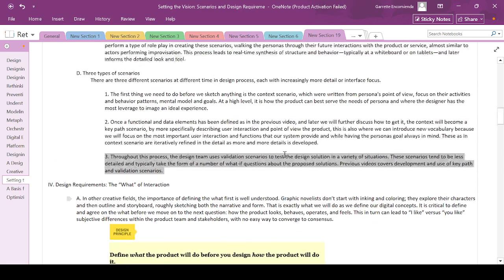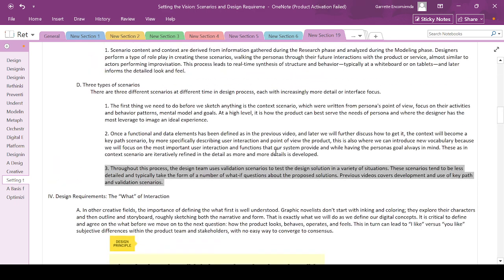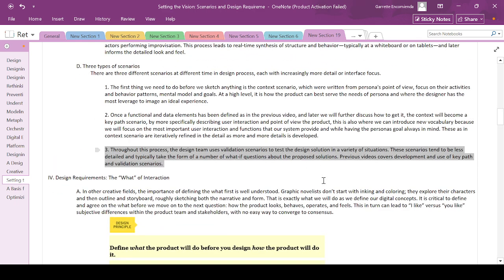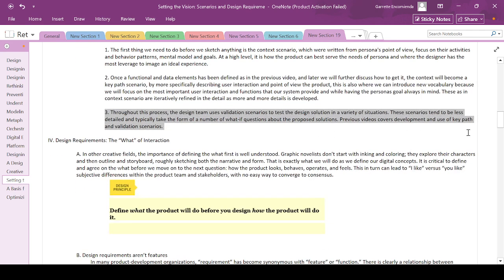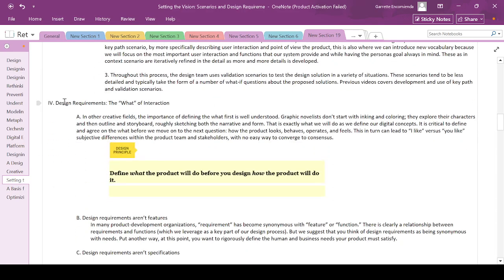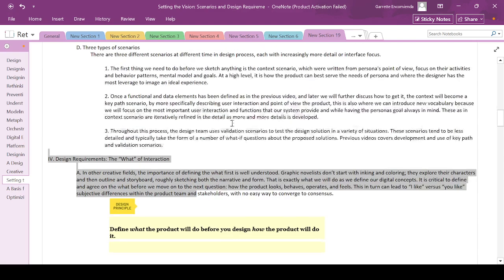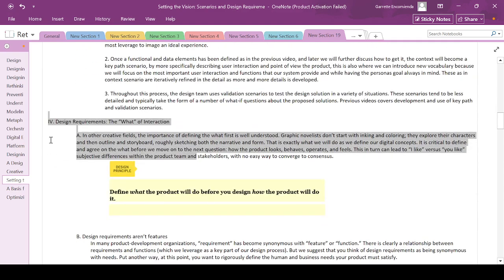So it's not as detailed as here. You may think that validation is more detailed, but it's not, and we discussed that in the previous video. Previous videos cover development and use of key path and validation scenarios. Now we will discuss how to create this context scenario.